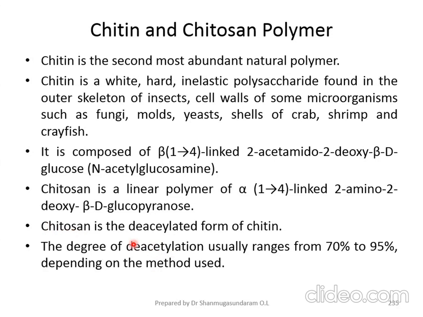But there is a difference in property. The 60% deacetylated chitosan polymer has some different properties. The 100% deacetylated chitosan polymer has some different properties. So that is why I am telling you the degree of deacetylation plays a major role.